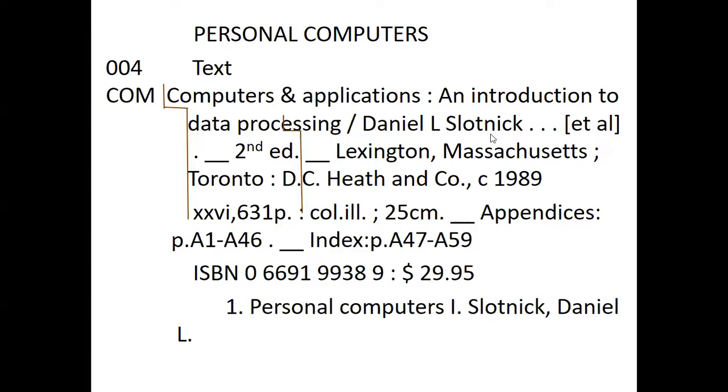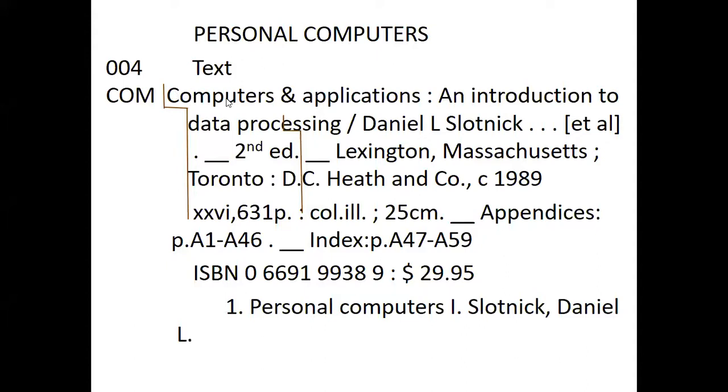Another one. How come, this is Alifa, how come class number is 004 com and not 004 slow? This com, C-O-M, comes from the first 3 letters of the heading. The heading went under the title.